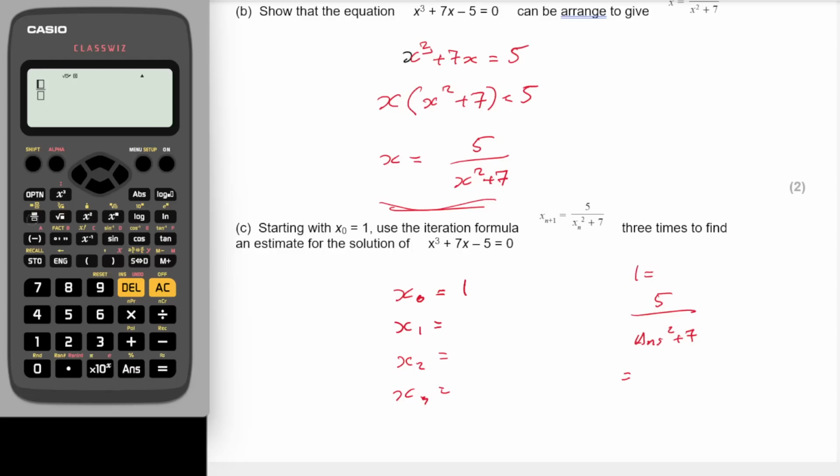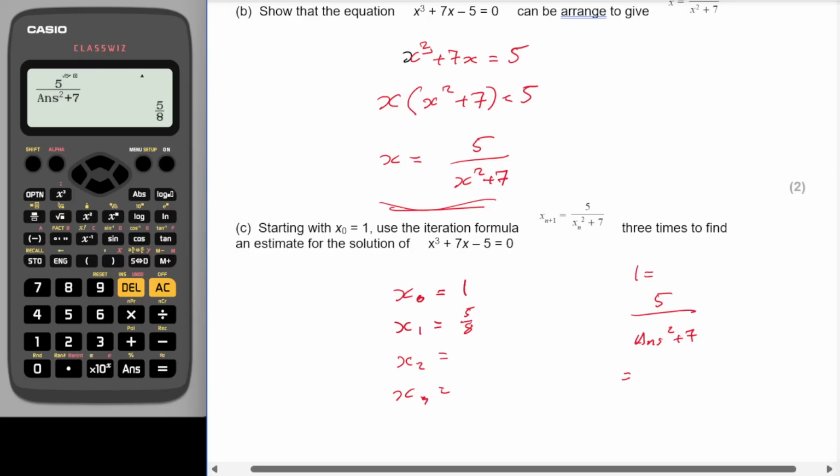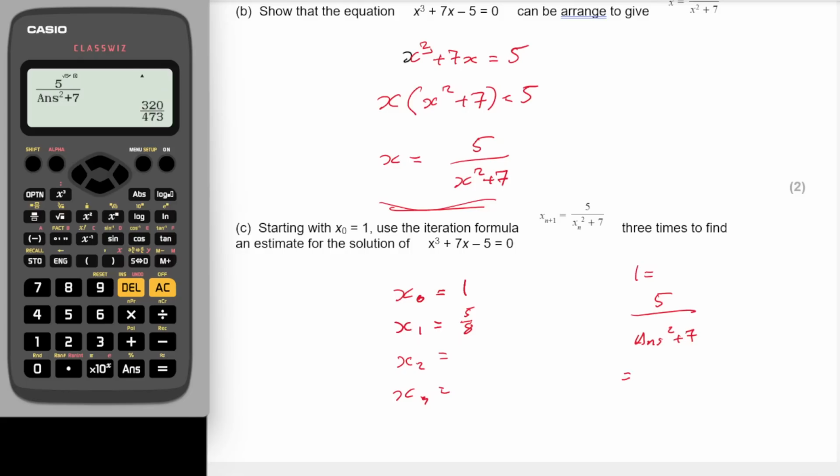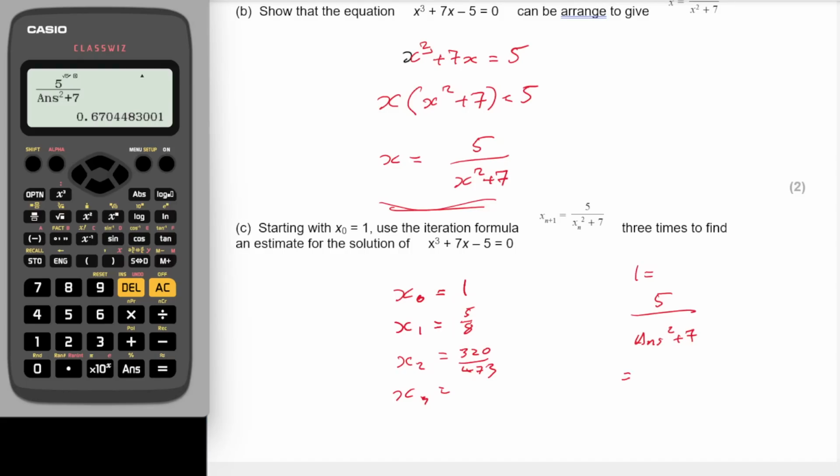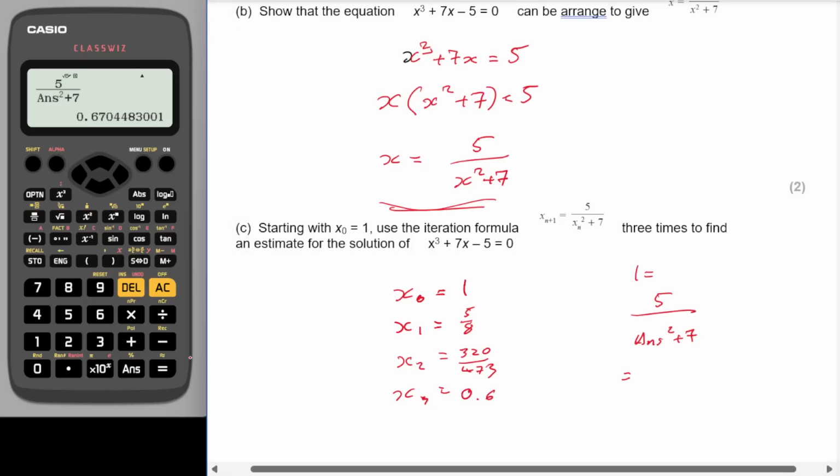I'm then going to type it in as a fraction with 5 as my numerator, and then the answer squared plus 7. And then my first value is 5 over 8. My second value is 320 over 473. And my third value is 0.670448.